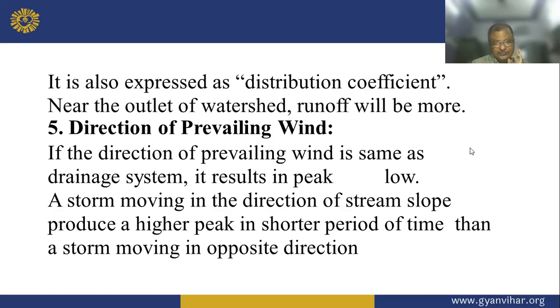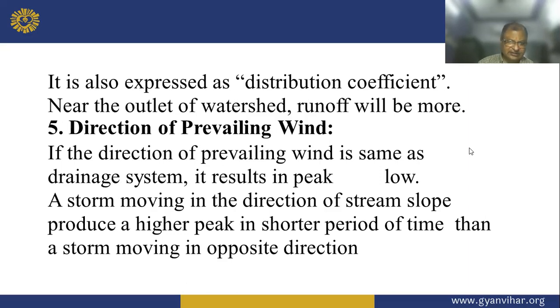It is also expressed as the distribution coefficient. Near the outlet of the watershed, runoff will be more in the direction of the prevailing wind.